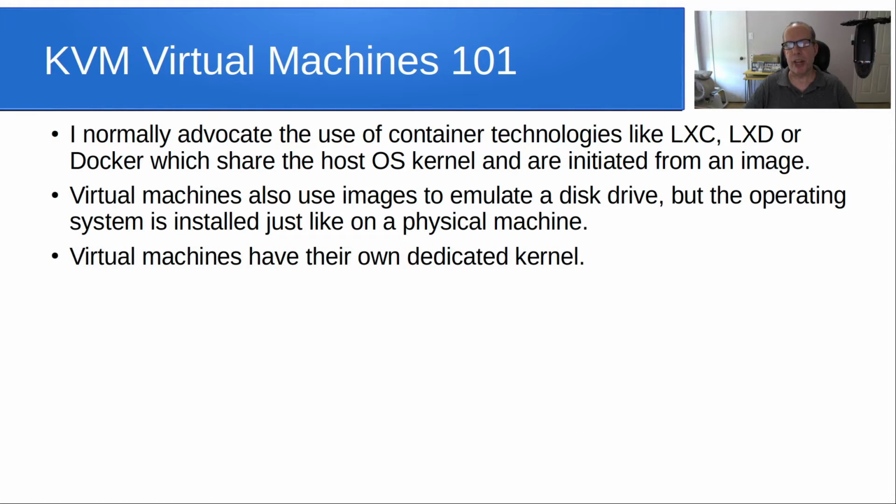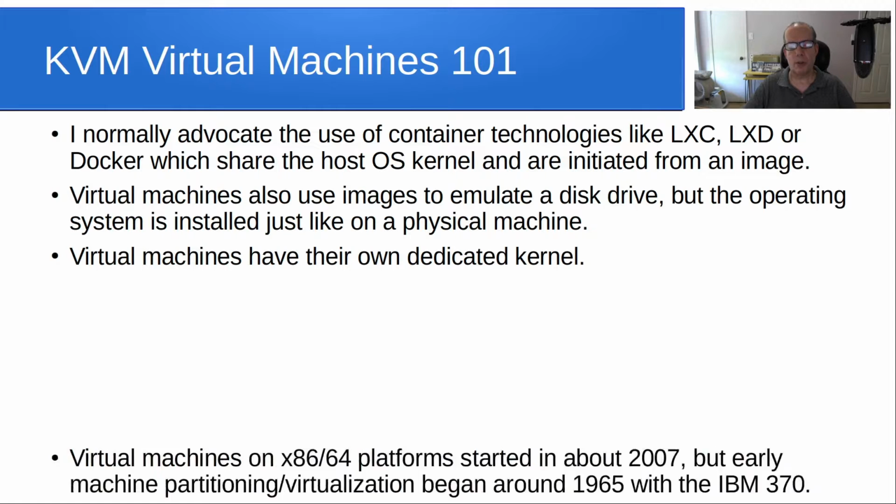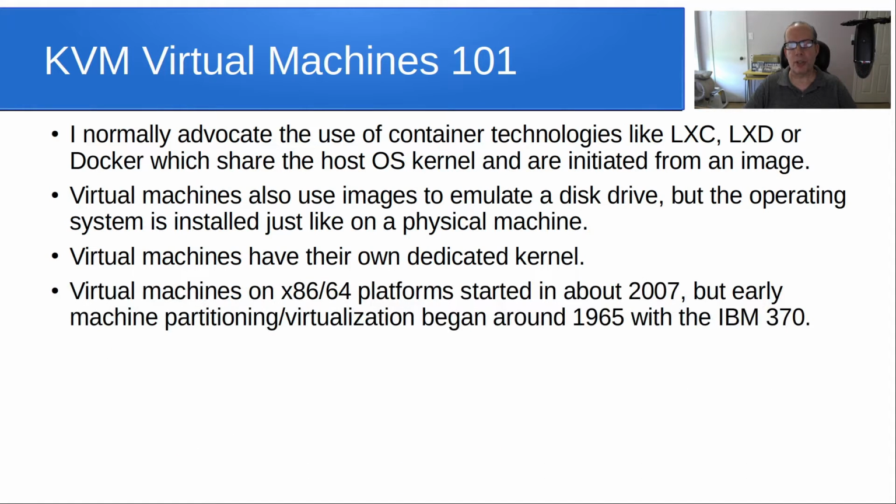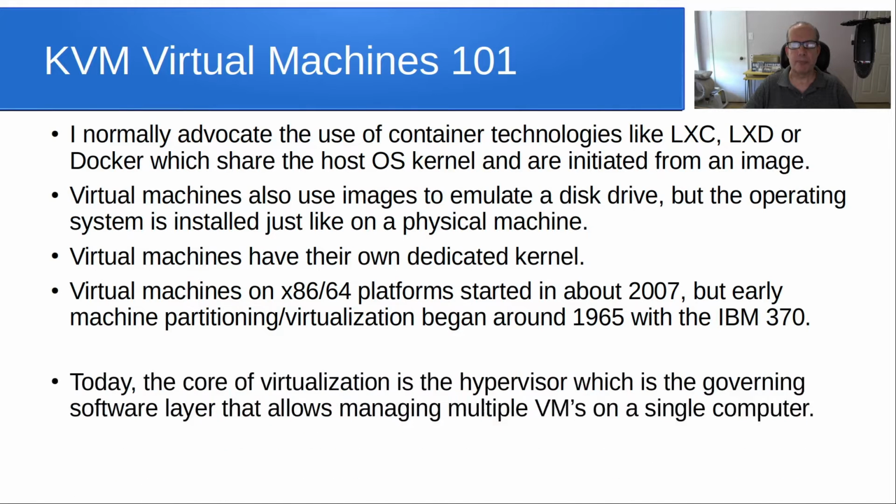Virtual machines have their own dedicated kernel, and virtual machines on x86-64 platforms started in about 2007, but early machine partitioning and virtualization began around 1965 with the IBM 370.